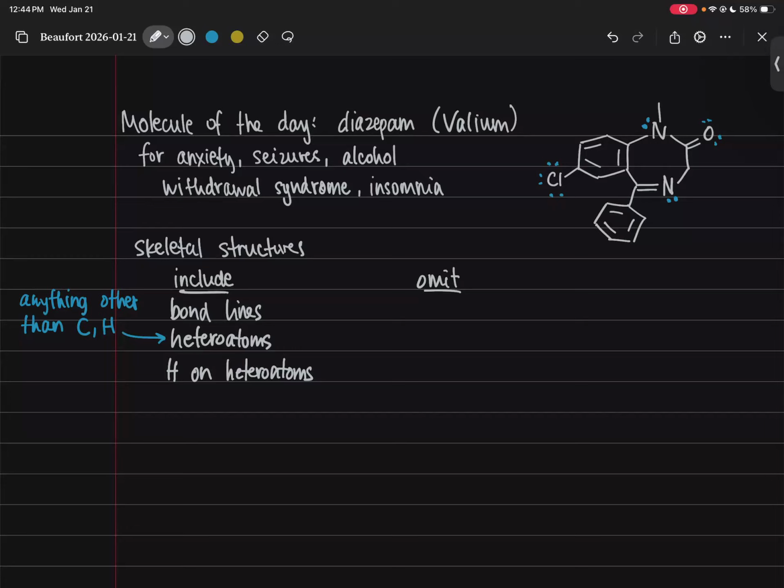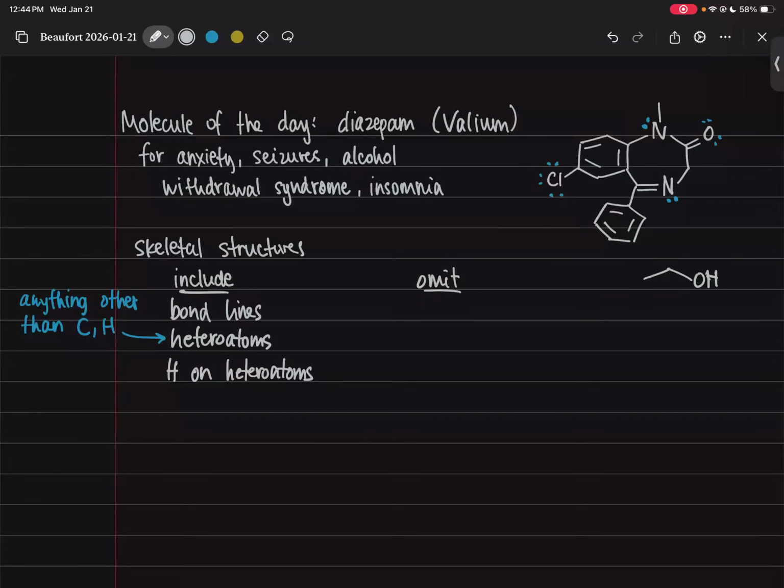So an example of a molecule that does have a hydrogen on a heteroatom is one that unfortunately is sometimes combined with Valium. You know what that structure is right there? Ethanol. It's not a recommendation that you should drink and take Valium at the same time.